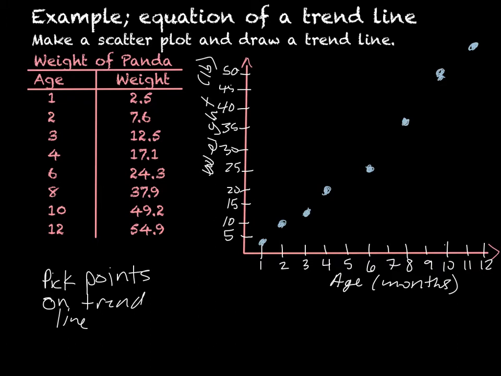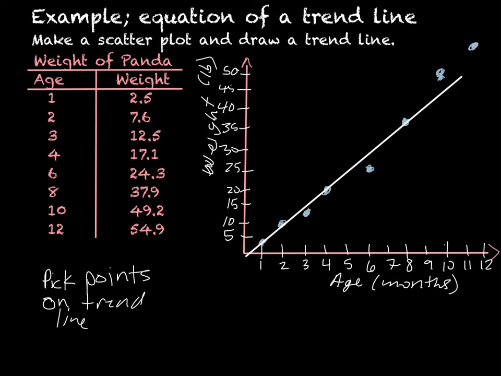So if I were to draw a trend line, I would just pick some points that would maybe go roughly through the line. Maybe it'd be about that line there. Kind of hit some of the points on it and then doesn't hit some of them.